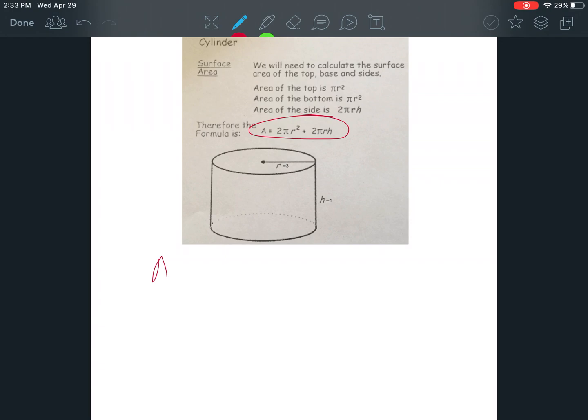It starts out with A equals 2 pi r squared plus 2 pi r h. Okay, and all I did was recopy that formula right there.